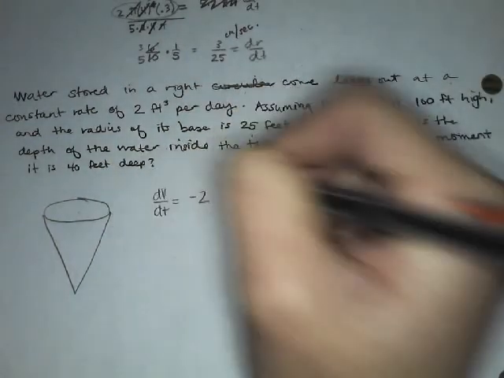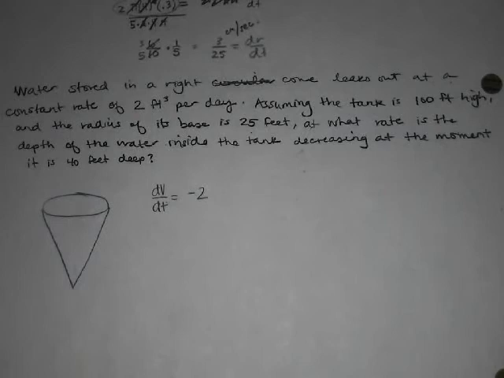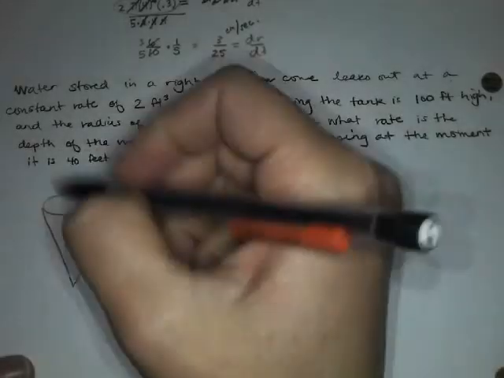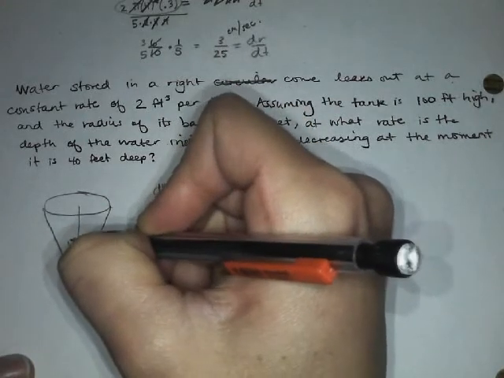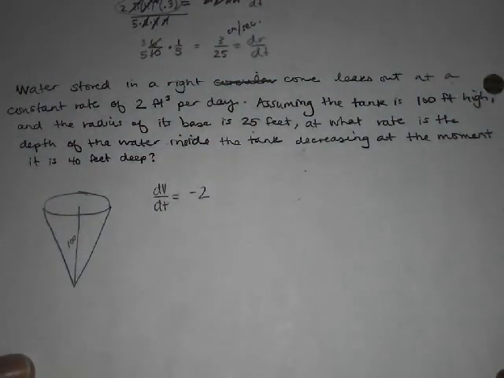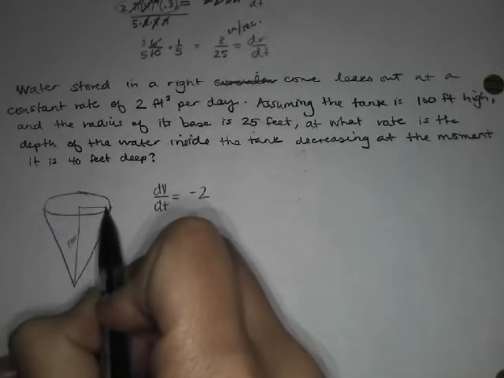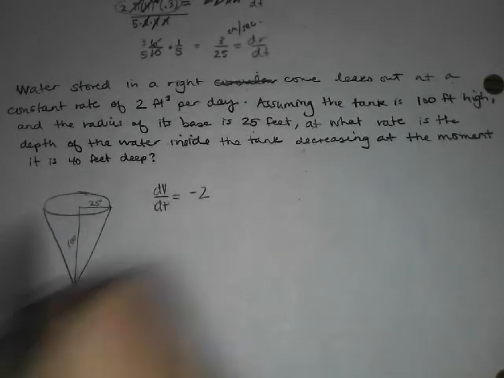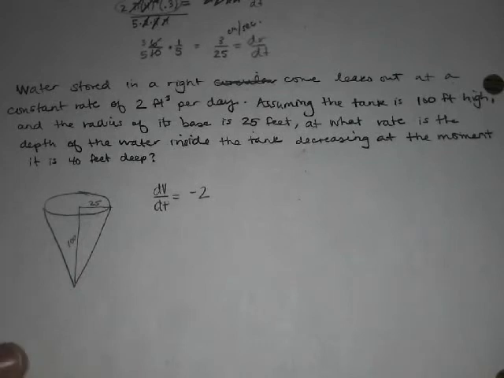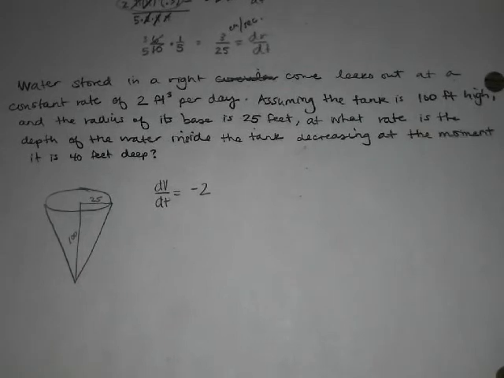Assuming the tank is 100 feet high, and the radius of its base is 25. At what rate is the depth of the water inside the tank decreasing at the moment it is 40 feet deep?